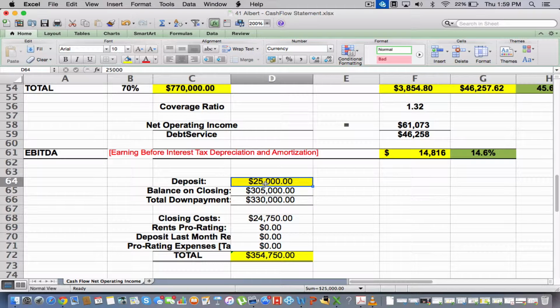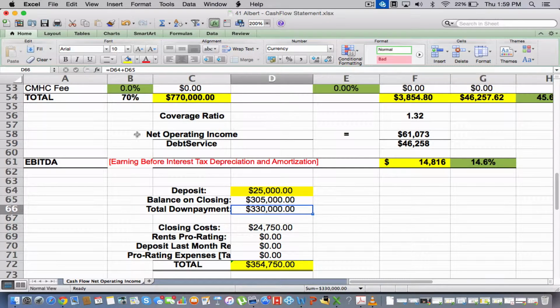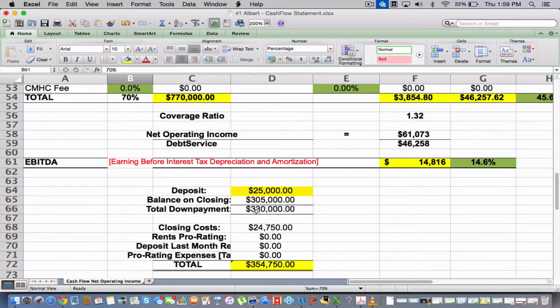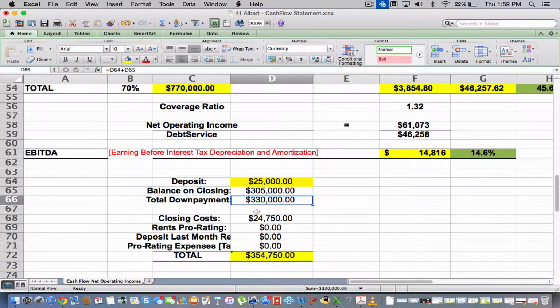It won't matter. But deposit 25,000, and the down payment, which is basically 30%, or the difference between 70 and 100, right there, is calculated to be 330,000. Okay, and the closing costs here are set at a static percentage of the purchase price.